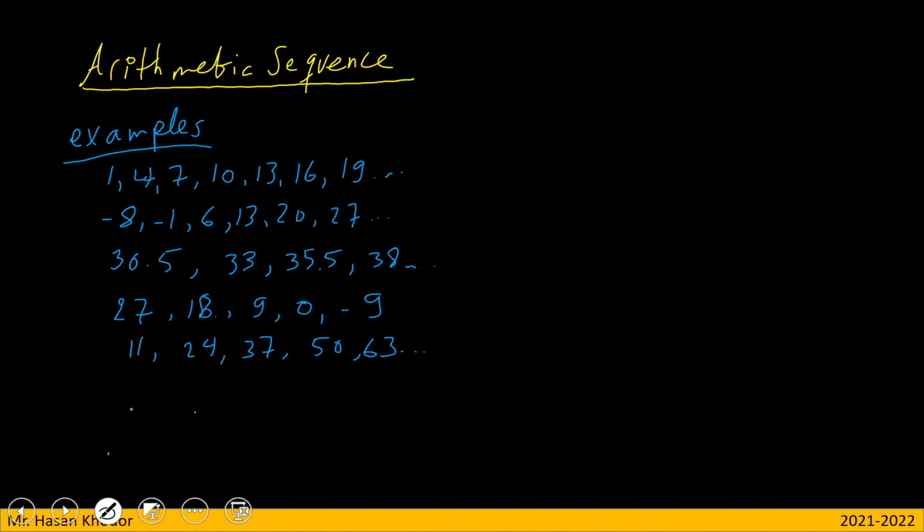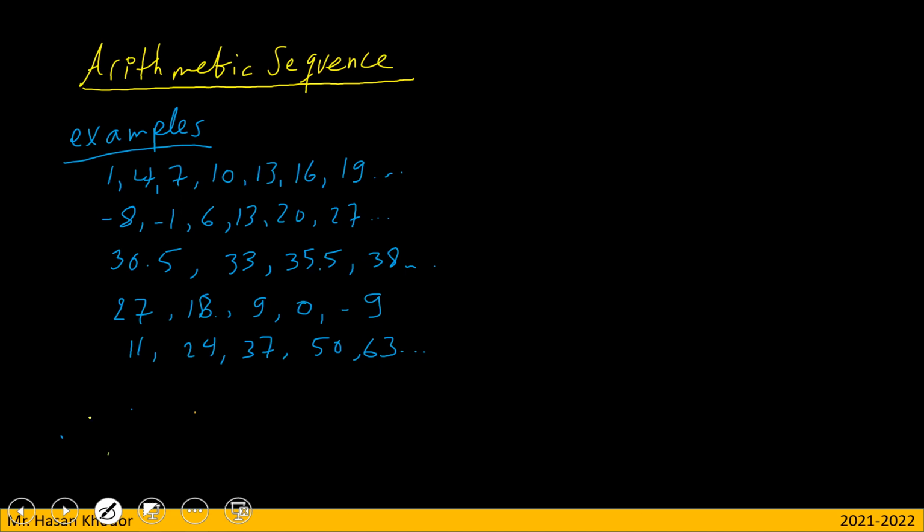Let's go. First one, for example. So what can you say about the first sequence? Is there anything special about it? It's increasing by 3. Exactly. We are adding 3 to each term in order to get the new term.